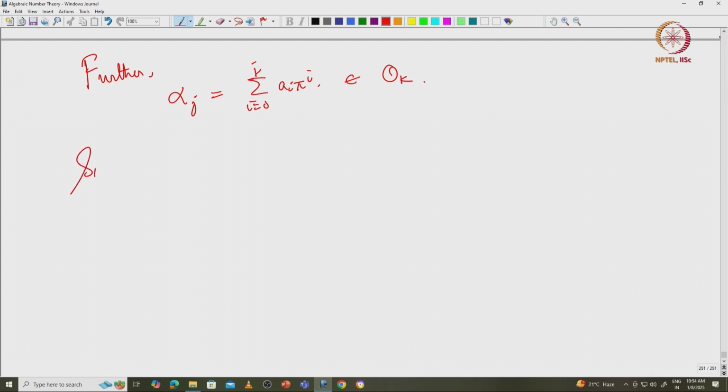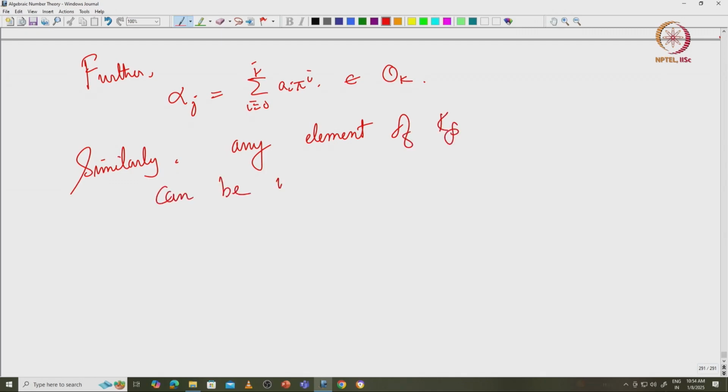Now, similarly, any element of K sub P can be written as summation i going from minus n to infinity a i pi to the i, where again a i is in beta 1 up to beta m.